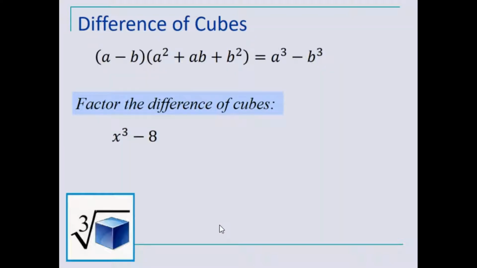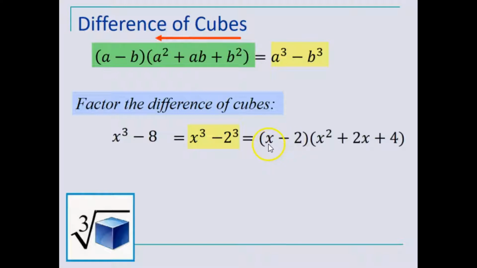We can then reverse this special product with the values that we previously noted, 8 replaced with 2 to the third, and express it in the form here for a difference of cubes, which results in cube root of the first minus cube root of the second.